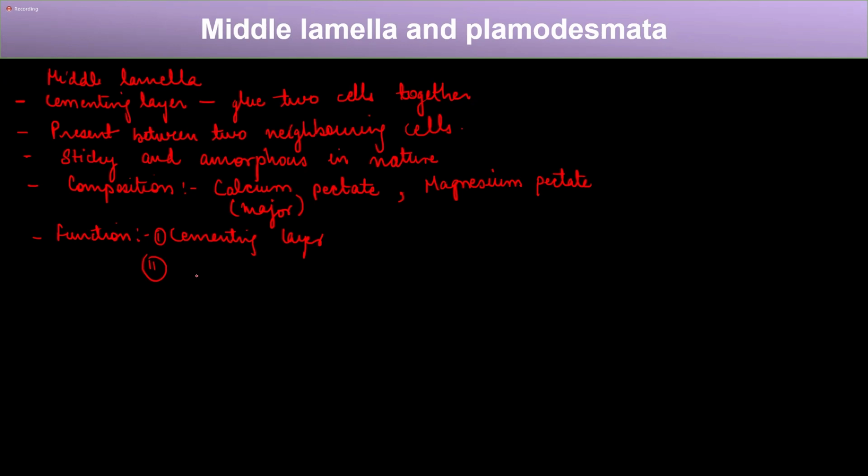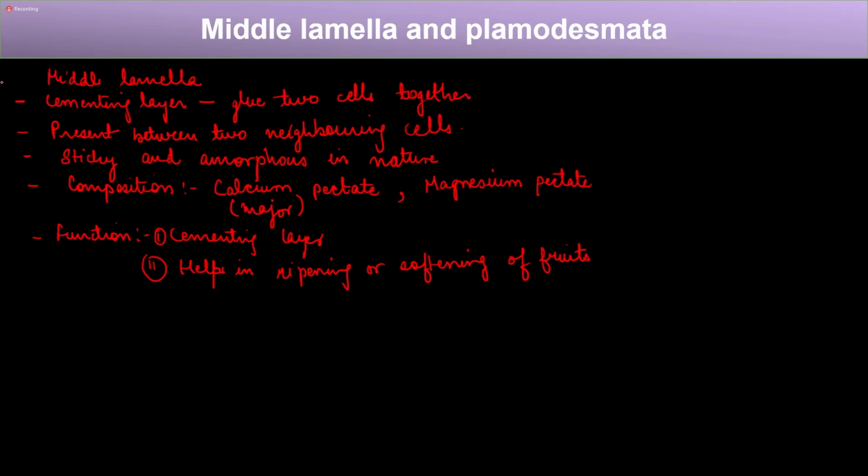So you can say that the fruit ripens because of the softening of the middle lamella. So it helps in ripening or softening of fruits. These are the functions of the middle lamella.